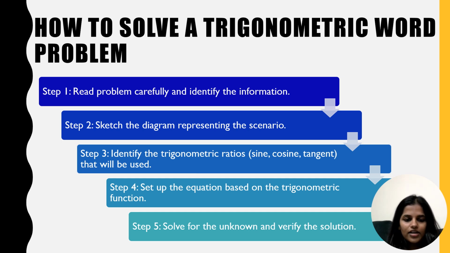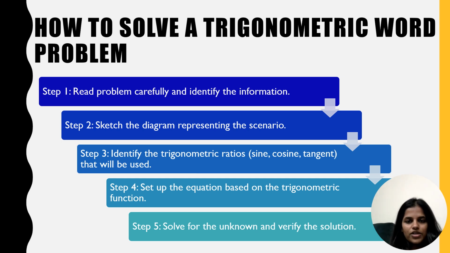Next, sketch a diagram that represents the scenario, which helps visualize the relationship between angles and sides. Then identify the trigonometric ratio relevant to the problem, whether it's sine, cosine, or tan. Set up an equation using the chosen function. Finally, solve for the unknown value and verify your solution.